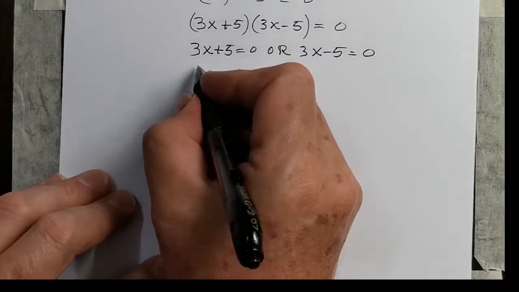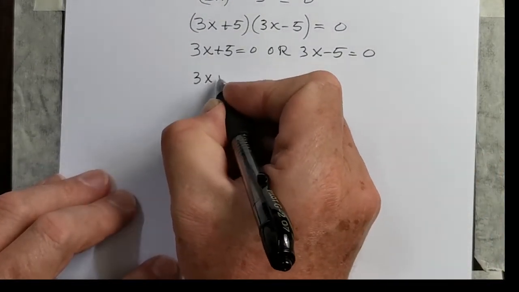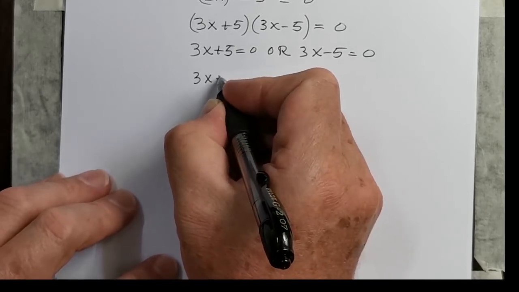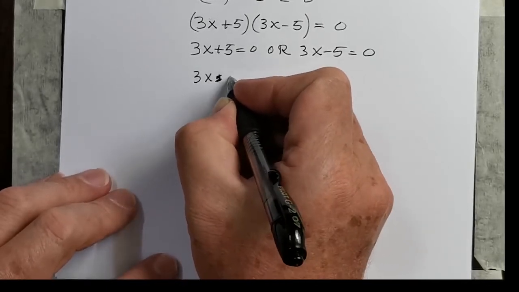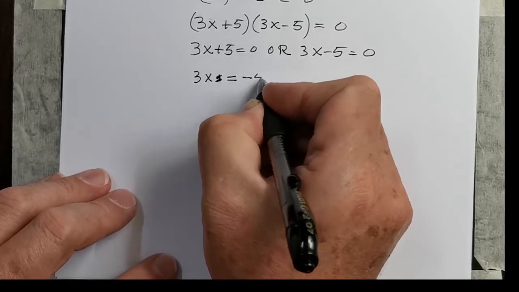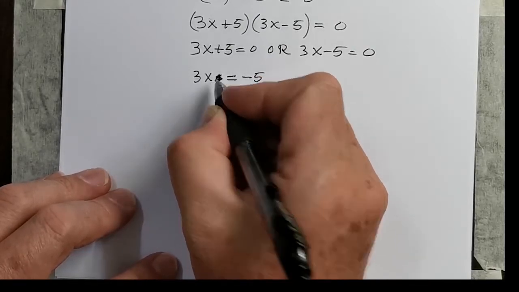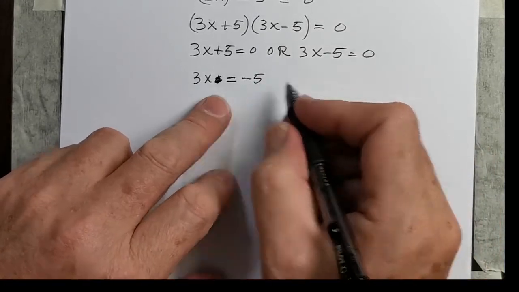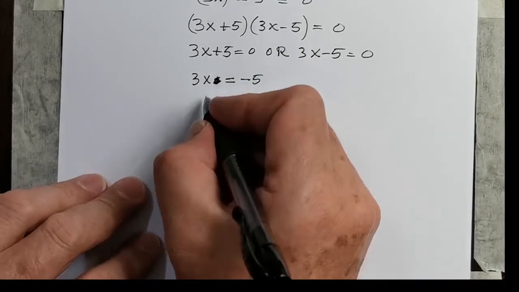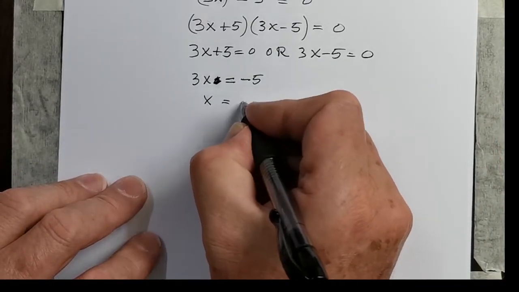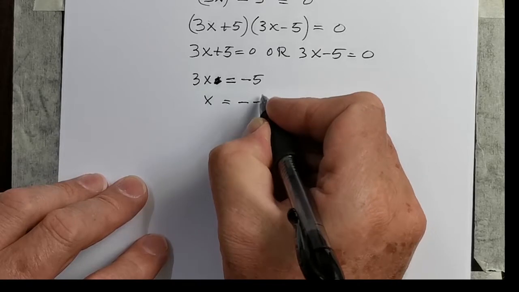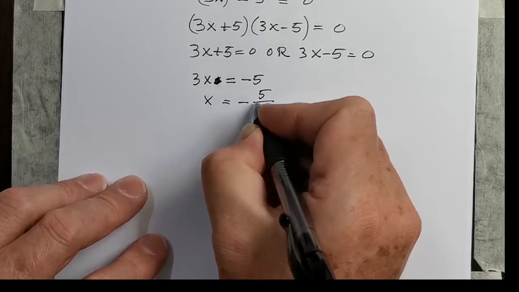If the first term is 0, 3x will be equal to negative 5, or x will be equal to negative 5 divided by 3.